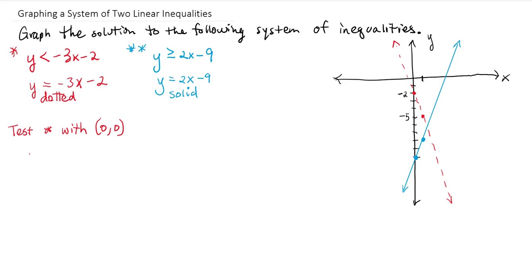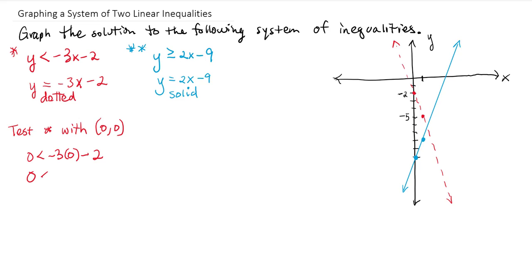So when we test star, that means we have 0 is less than negative 3x minus 2. Oh, sorry, I take that back. 0 is less than negative 3 times 0, okay, and then we have a subtract 2.